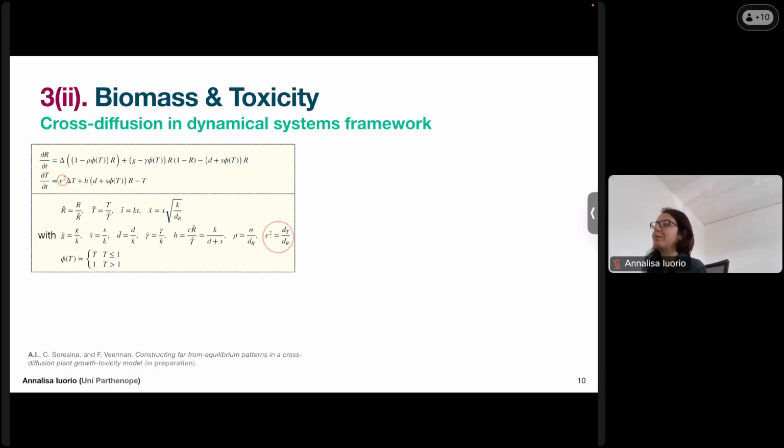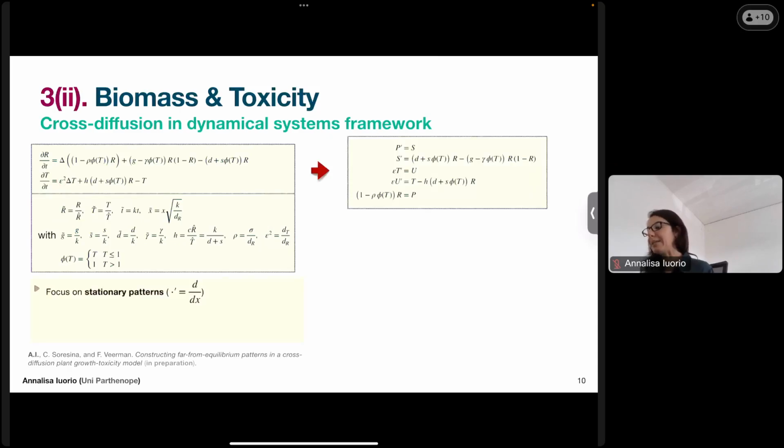But since we considered before that the toxicity diffusion was so small that it was basically negligible, we also have here that the ratio between the diffusion coefficient for the toxicity and the one for the biomass is very small, so it plays the role of our parameter epsilon.